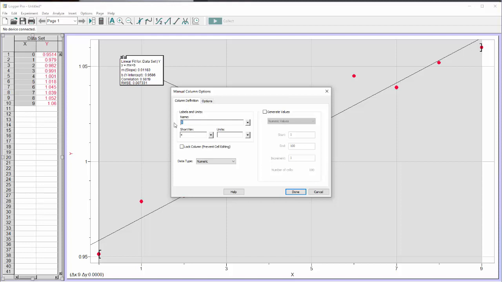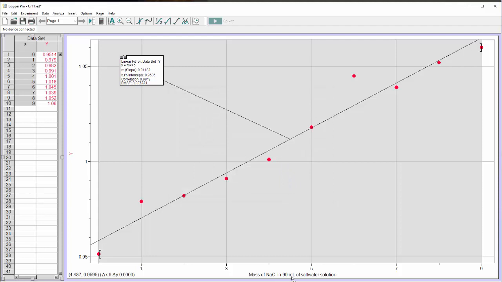Let's see, this is mass of NaCl and I think, if I remember right, they had 90 milliliters of saltwater solution. If I can spell right, saltwater solution. Okay. If I click done, that label is going to come up down here on the bottom. You see what I did?